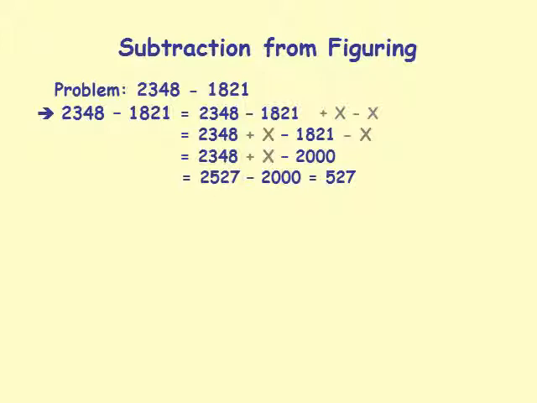From here you can say that subtracting 1821 from 2348 gives 527. So this is the original problem and this is the equivalent problem. That means 2348 minus 1821 is 527.